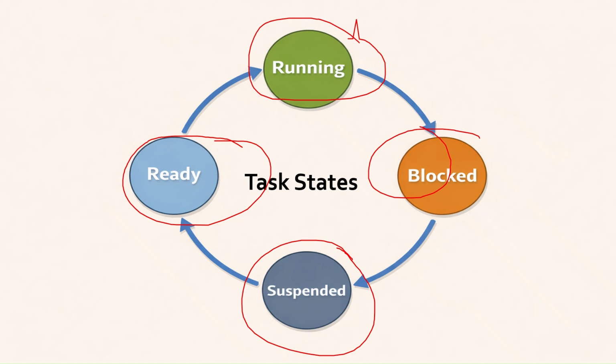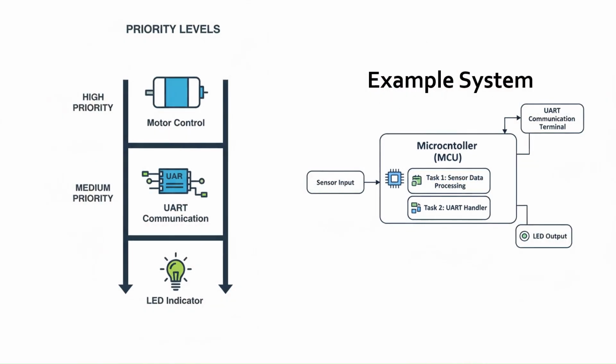We can create one example system. It reads the sensor input, controls the LED, and transmits data on UART. So let's consider the LED blink task will run every 500 milliseconds, the sensor read task will run every 1 second, and UART will print every 2 seconds.